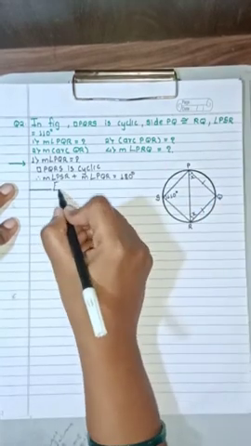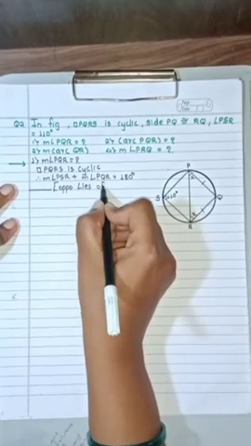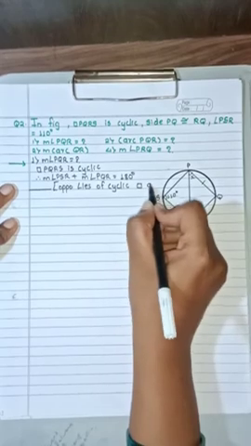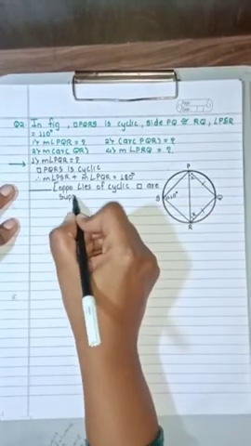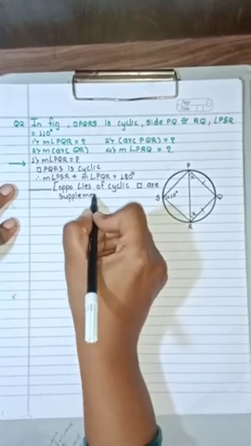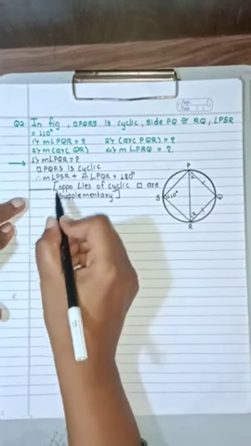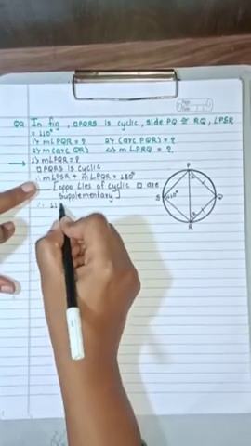So you can write down here, opposite angles of a cyclic quadrilateral are supplementary. Okay, they are supplementary, means 180 degrees. Therefore the measurement of angle PSR is given, that is 110 degrees.